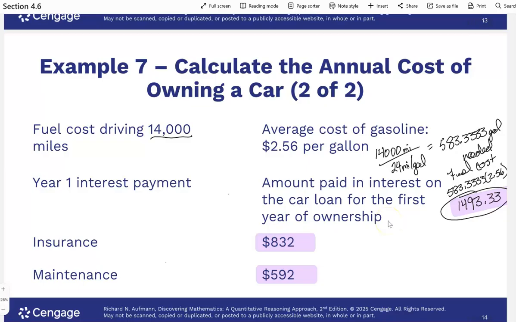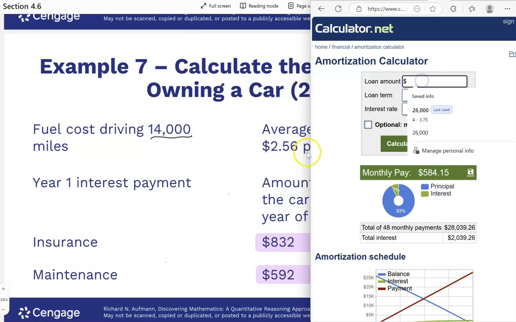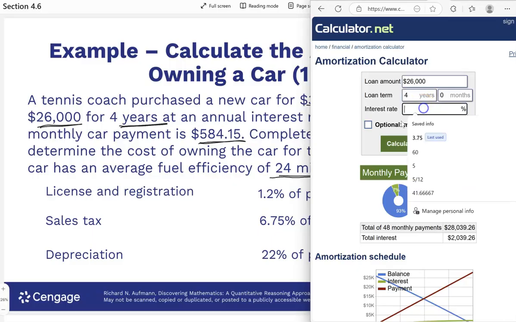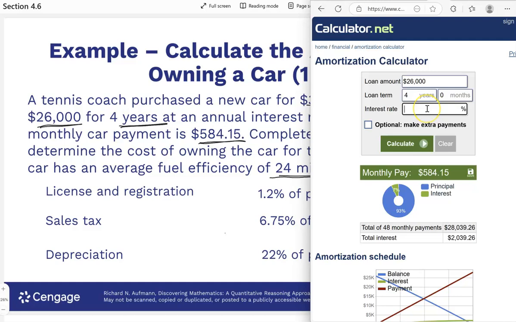So we're going to use an amortization schedule, and I've got this linked in Blackboard also. So we know that the initial loan amount was 26,000. The loan term was 4 years, and the interest rate was 3.75%.